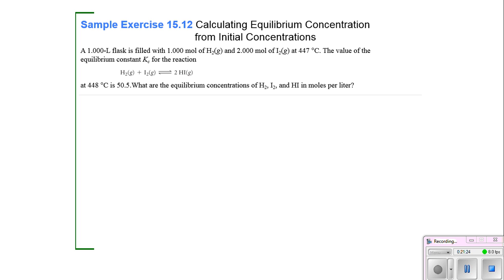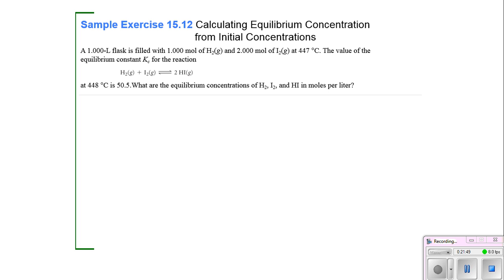It wants to know what are the equilibrium concentrations of H2, I2, and HI in moles per liter. Okay, so notice we're given 2 initial concentrations. We have 1 mole and 2 mole in a 1 liter flask, and that's going to equal the concentration in the 1 liter flask for our given values of Kc.